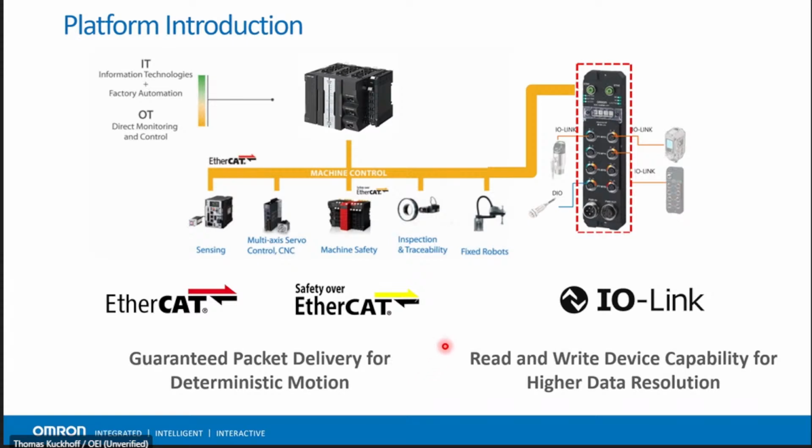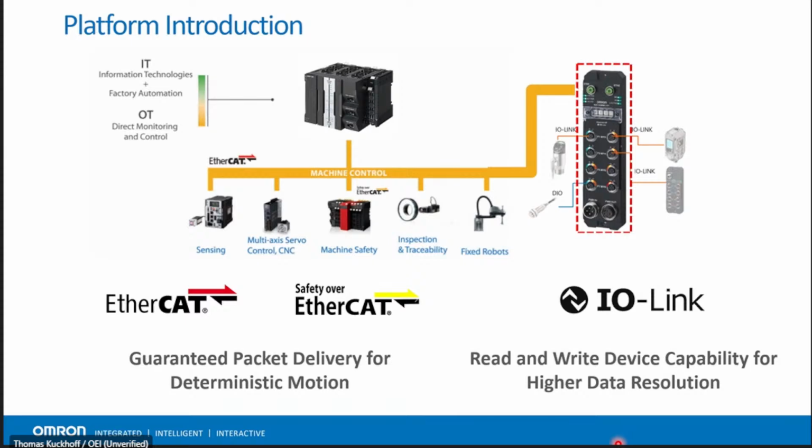Deterministic motion is so important when it comes to machine performance, not only in terms of easy to set up, but also having those refresh times being very quick to ensure packet delivery is, well, really guaranteed. We're also going to talk a little bit about IO-Link and how IO-Link has the ability to, once again, not only be set up very quickly, but give that granularity of data needed in order to find root causes for inefficiencies in the system.